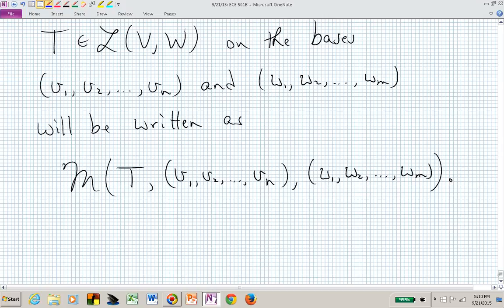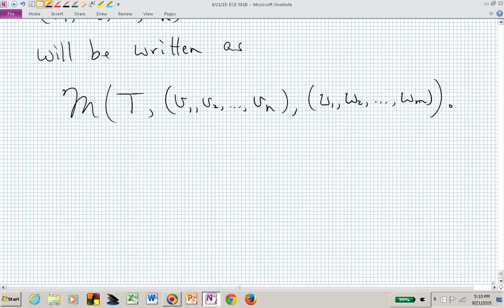You may get writer's cramp if you're having to write that all the time. And typically, if it's known what our basis vectors for V, capital V and capital W are, those get suppressed. Typically, they'll be the standard basis.